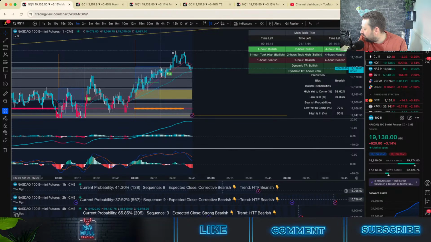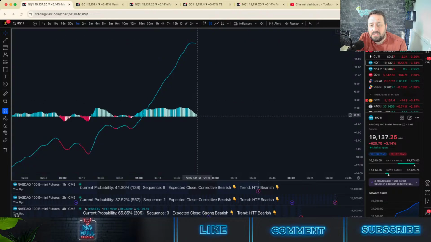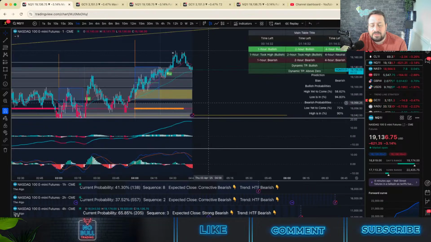If this was more strong bullish, I'd be looking to take this high. Just weakening down? Are we going to have a little correction?